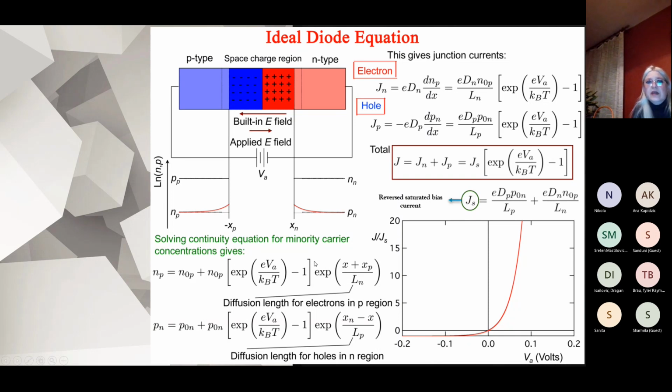And if we are somewhere close to this edge of the depletion zone, then your coordinate x will be minus xp.